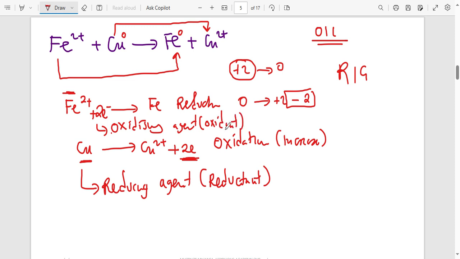Now, an oxidizing agent is a compound that oxidizes other compounds while itself it gets reduced. Same with the reducing agent. A reducing agent is a compound that reduces other compounds while itself it gets oxidized.